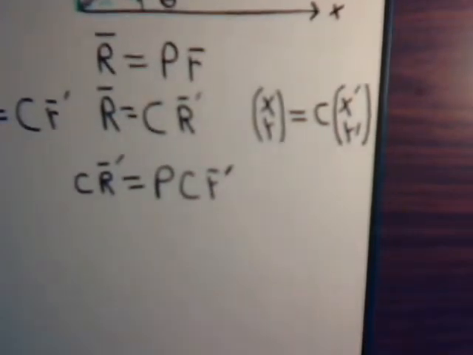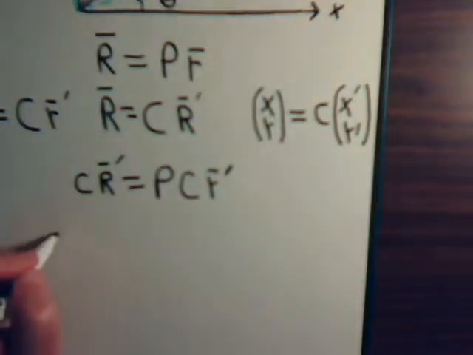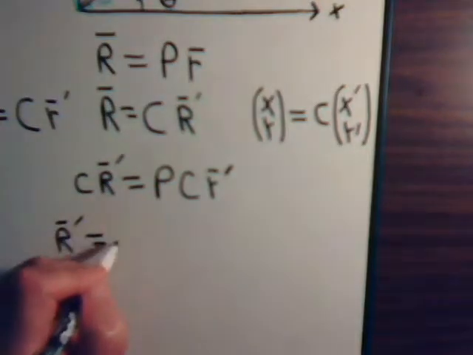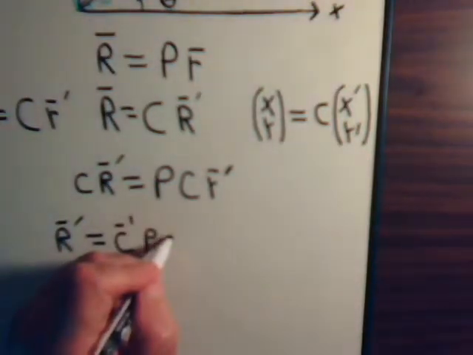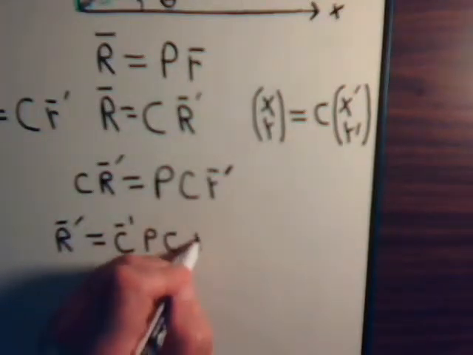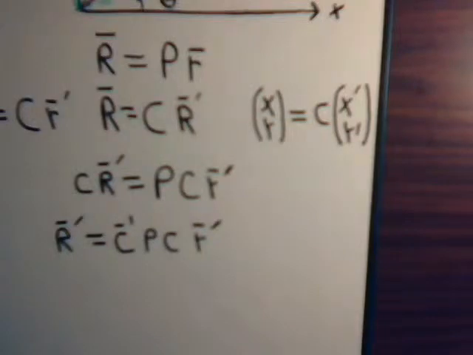So here, we can multiply both sides by the inverse of C, and just as you saw us do in the last video, we get this expression.